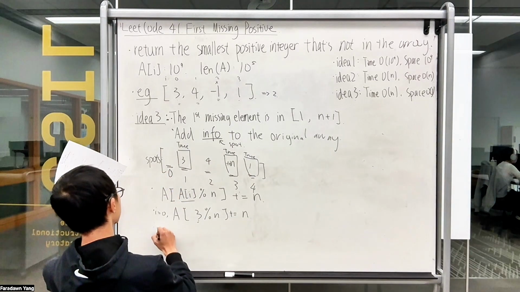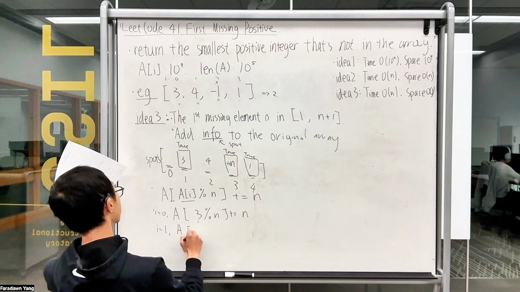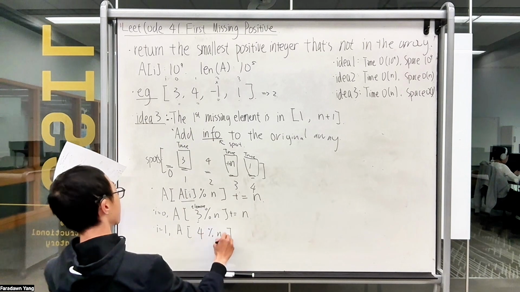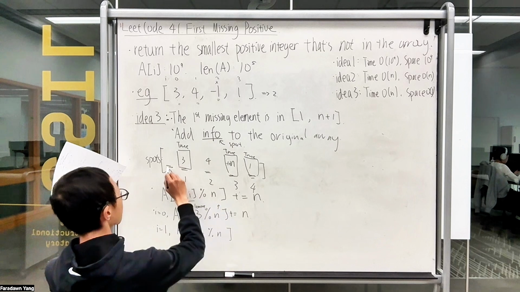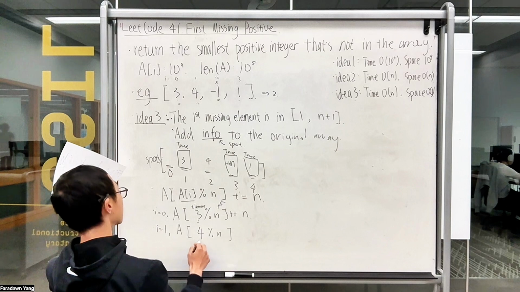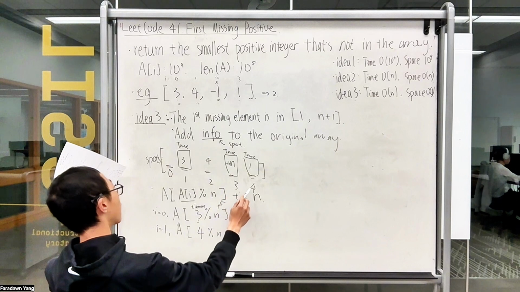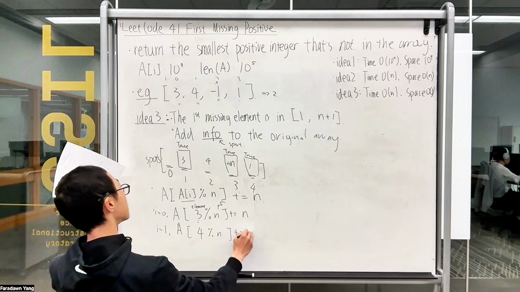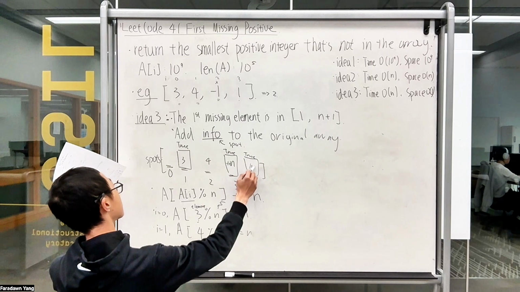Now for i equals 1, we will retrieve the element 4 mod n. n is 5 here because we appended a 0. So 4 mod 5 is still 4. At the 4th place, we will increase it by n. So this will be 1 plus n.